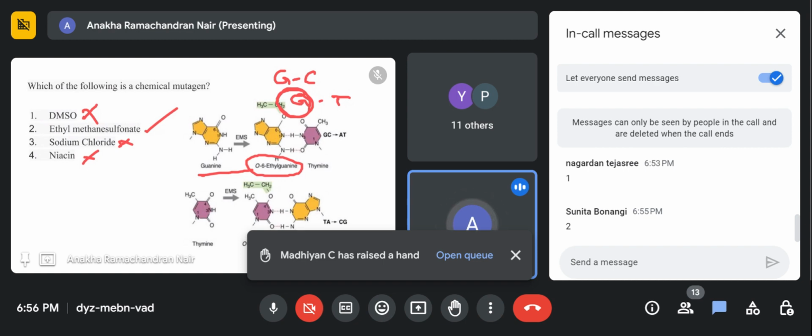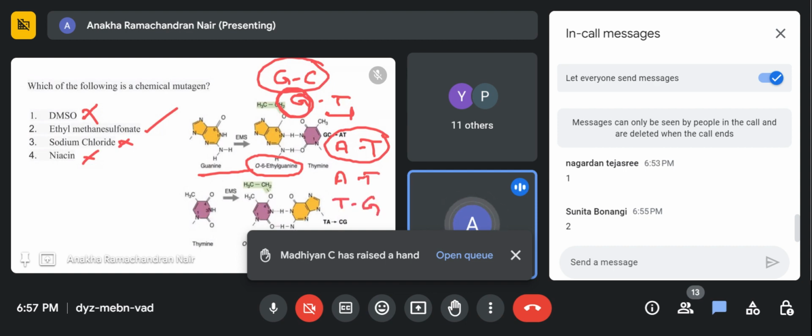So it will see that T is here, and it will convert that to an AT base. So instead of the original GC that was there, it will become AT. Similarly, in the case of thymine, when it reacts with ethyl methane sulfonate, it forms O4 ethyl thymine. And this, instead of forming a bond with A like it would normally, an AT, forms a TG bond.